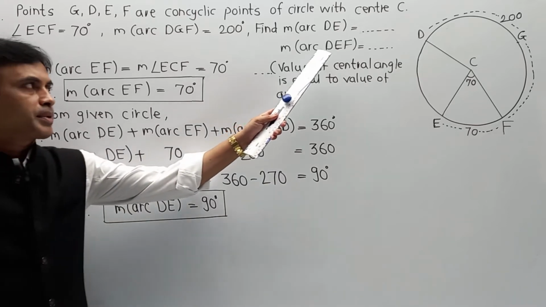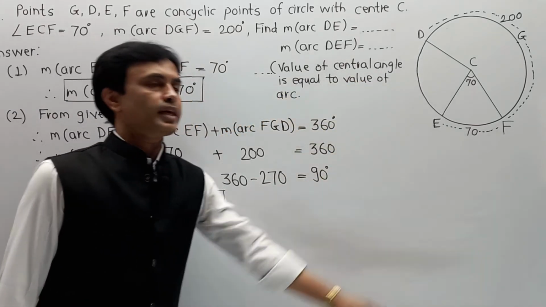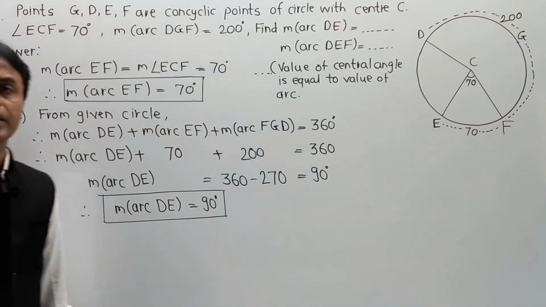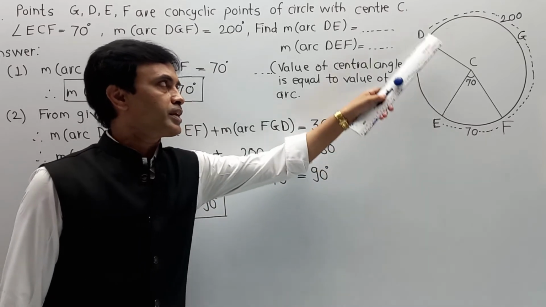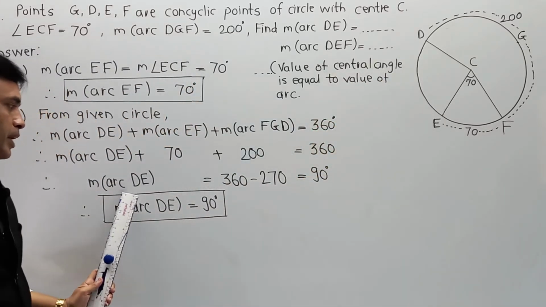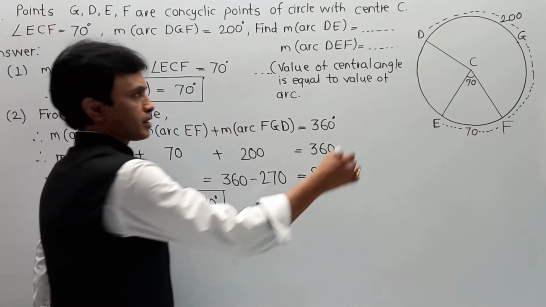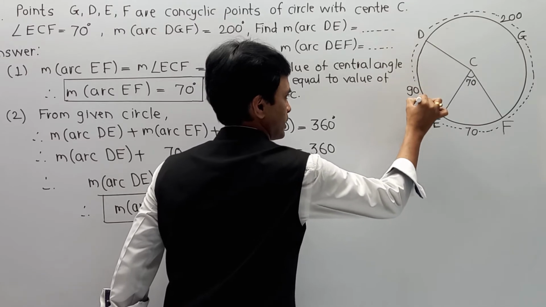Next, find the major arc DEF. Again, it is nothing but the property of arc addition. Major arc DEF is nothing but major arc DE plus EF. Recently we got DE as 90, so the value of DE is now 90.